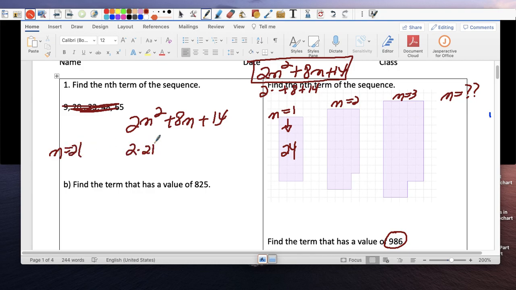So 2 times 21 squared plus 8 times 21 plus 14. 21 squared is 441. 441 times 2 is 882. So this gives me 882 plus 8 times 21, which is 168, plus 14. And that's too much, right? That's way too much. No, it's not 21.